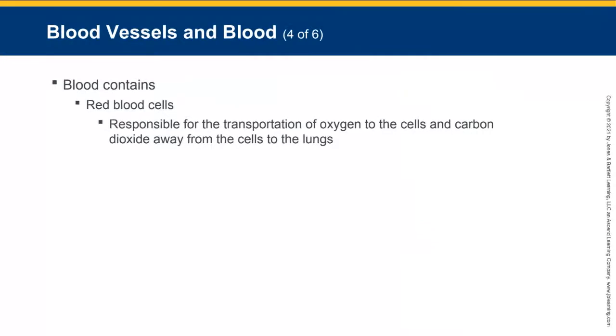Blood contains red blood cells, or erythrocytes, responsible for the transportation of oxygen to the cells and the carbon dioxide away from the cells to the lungs. The primary function of the red blood cell is to facilitate oxygen molecules.